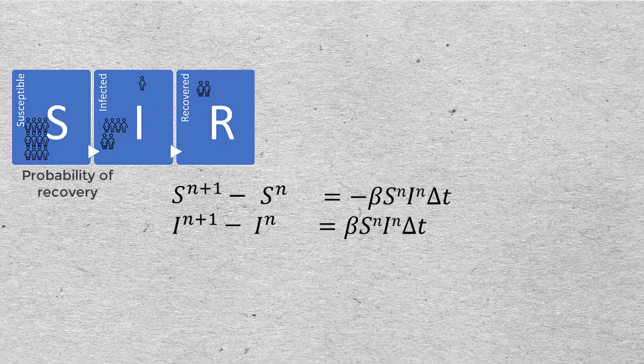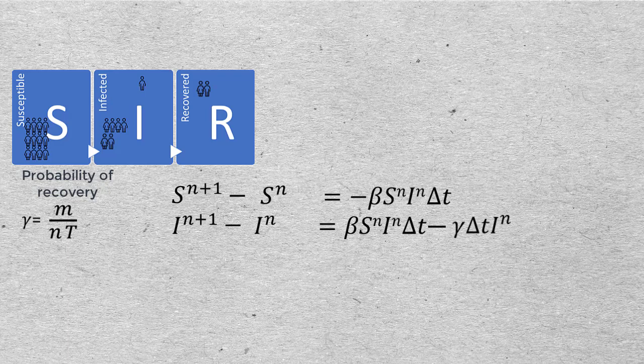To get a handle on the recoveries, the CDC, or Center for Disease Control, might have measured M out of a possible N infected people recovered in a representative time period T. As we did with the susceptibles transferring to the infection category, we will represent the probability of recovery per unit time as gamma. Then on the average, gamma delta t I superscript n infected persons will recover in delta t.